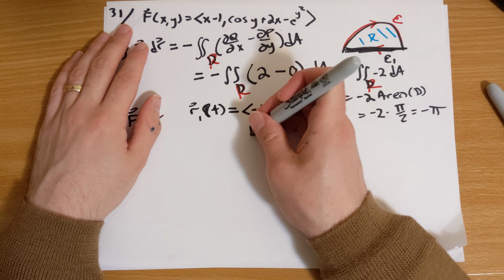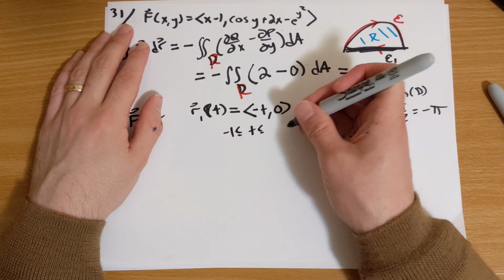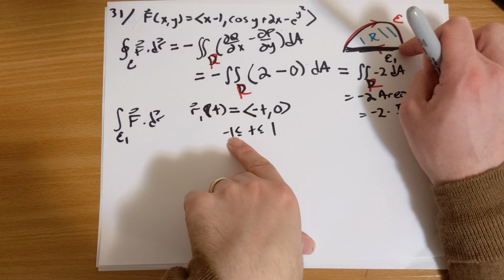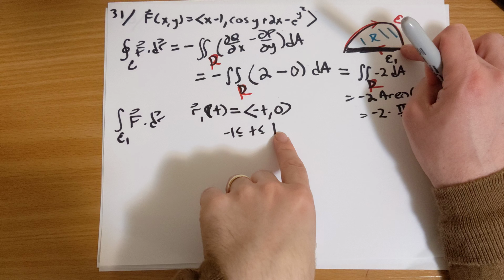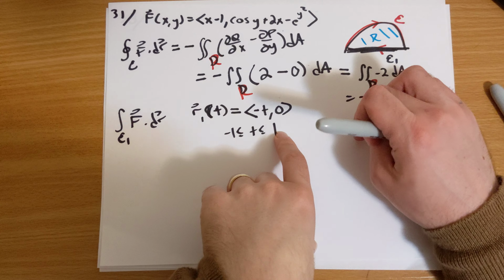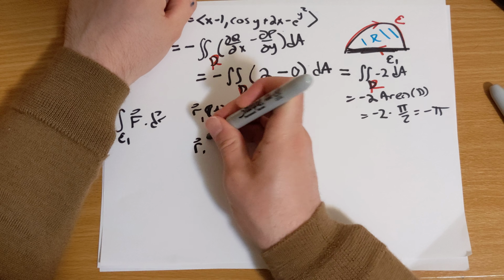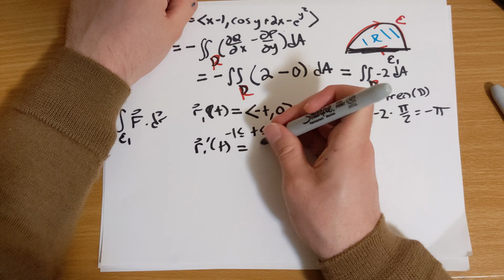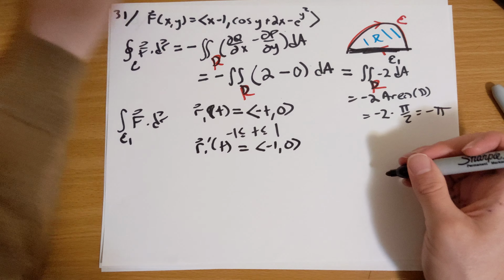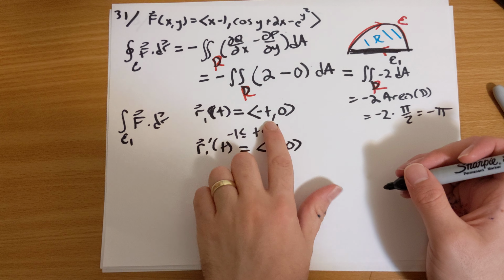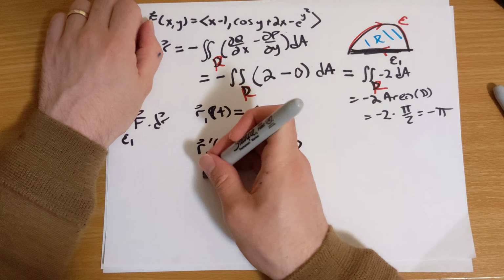If we make this minus t, then we can have t run from minus 1 to positive 1. When t is minus 1, we're at the point (1, 0), and when t is positive 1, we're at (−1, 0). So that will do the trick here. R1 prime of t will be (−1, 0). We plug in R1 of t: x is negative t, y is 0.